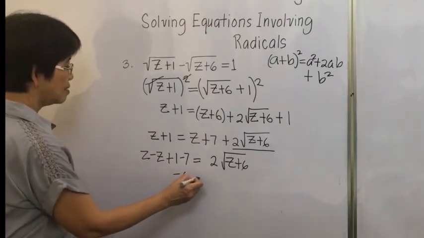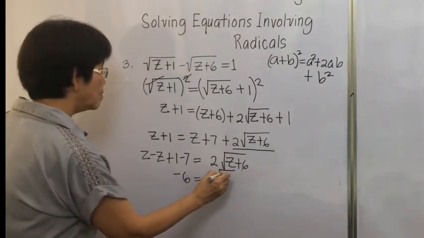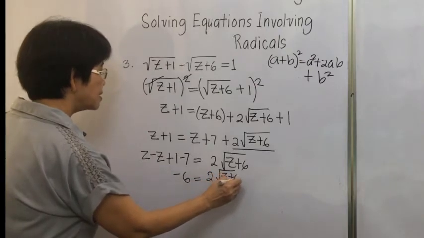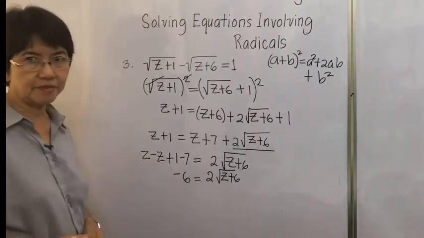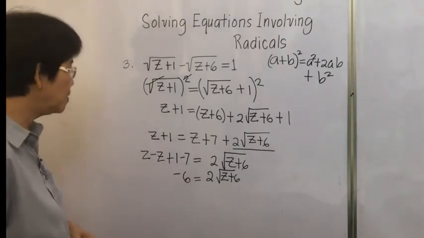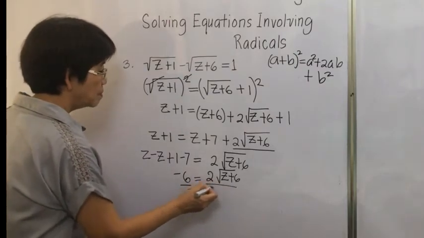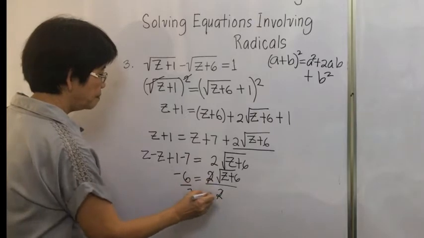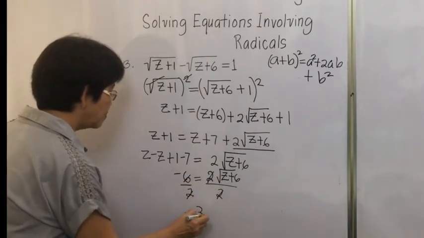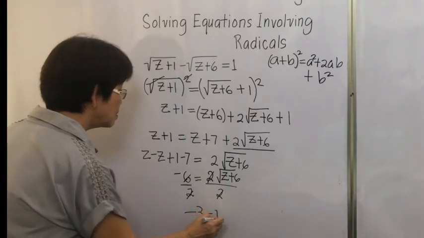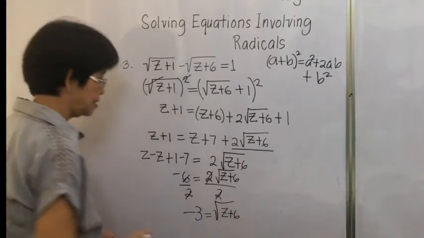Negative 6 equals 2 square root of z plus 6. And since we can divide both sides by 2 to simplify the equation, then we divide both sides by 2. Cancel. 6. So you have negative 3 equals square root of z plus 6.